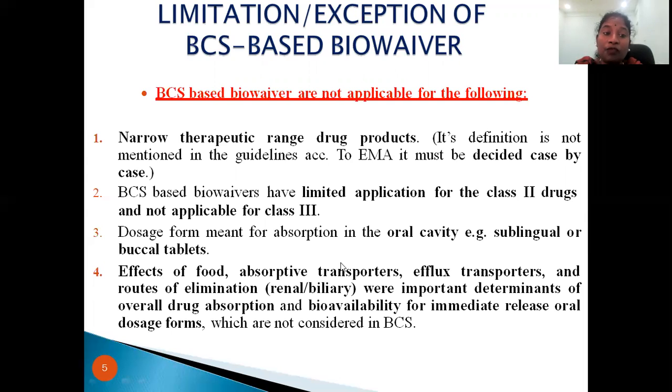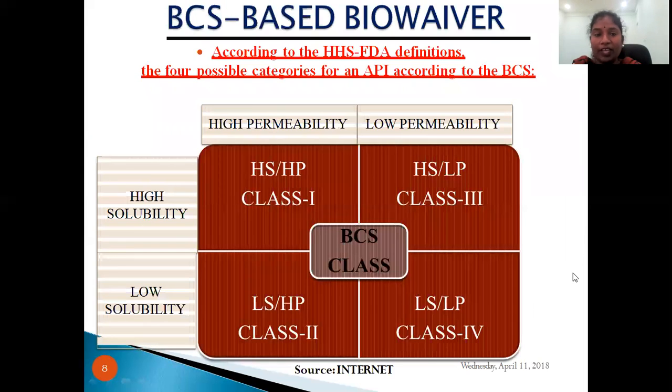Not only that, the effect of food, absorption transporters and efflux transporters, route of elimination and overall drug absorption, the bioavailability, immediate release dosage forms, are not considered as a biopharmaceutical classification. So first of all, what is BCS? That we will learn in the next slide. Okay.